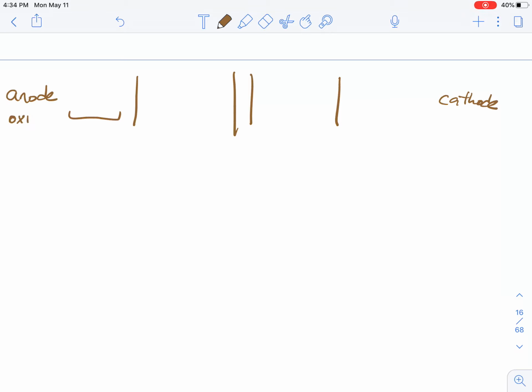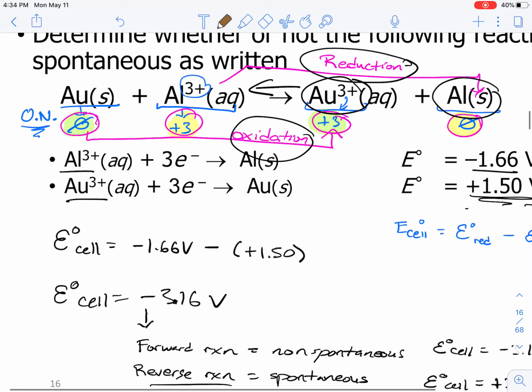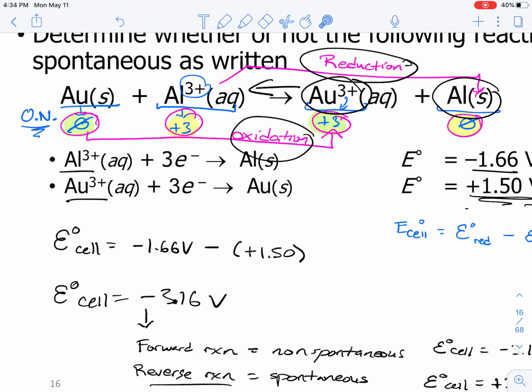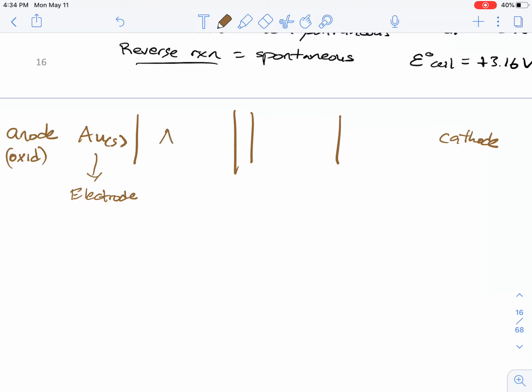So anode is oxidation, so you're losing electrons. And so according to my work, gold is going to lose electrons, and it becomes gold with a 3 plus charge. So I'm simply going to put in gold. Oops, that's silver. So that's going to be my electrode. And it's going to produce gold 3 ion.